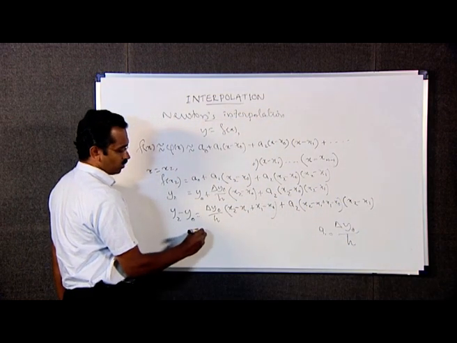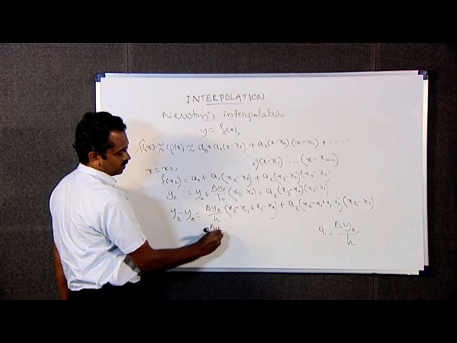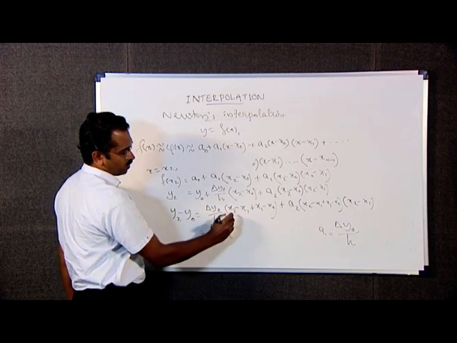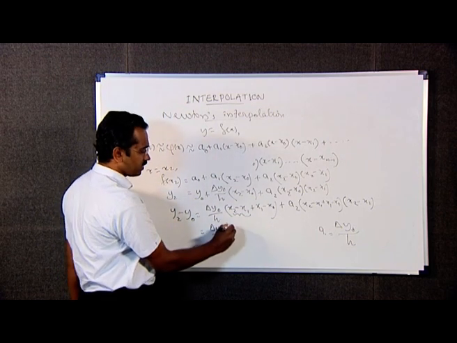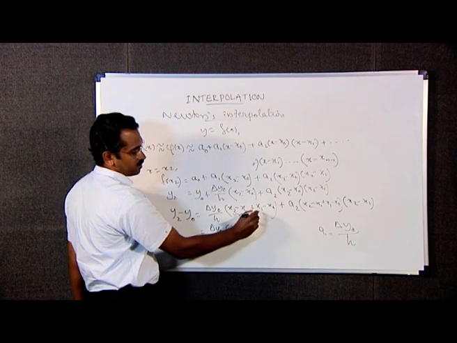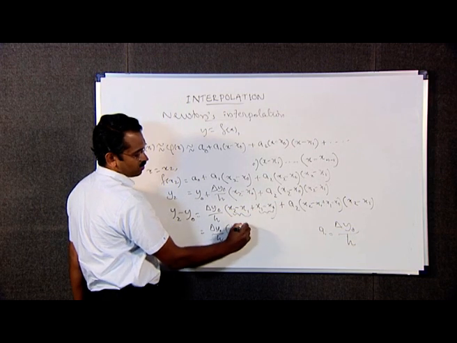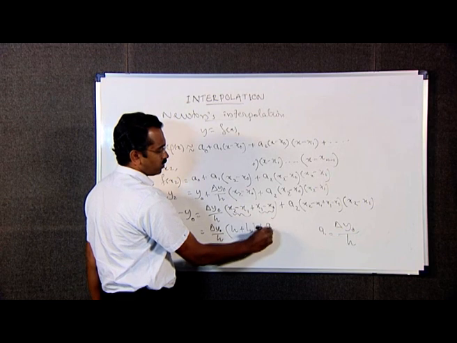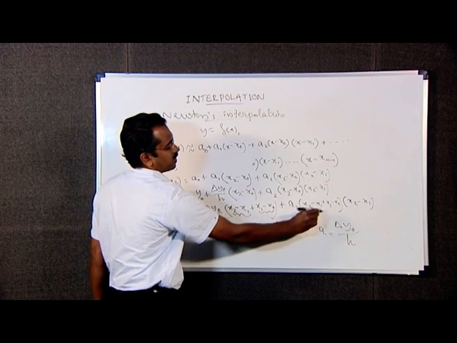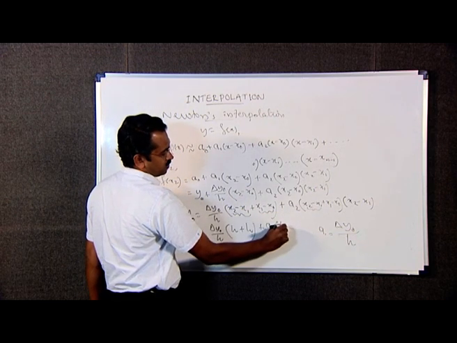This is equal to delta y naught divided by h into h plus h, since x2 minus x1 is h and x1 minus x naught is also h, plus a2 into 2h into h, since x2 minus x1 is h.